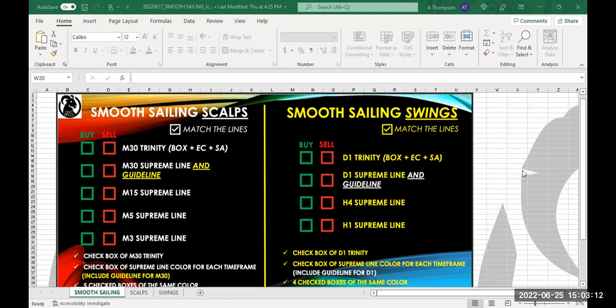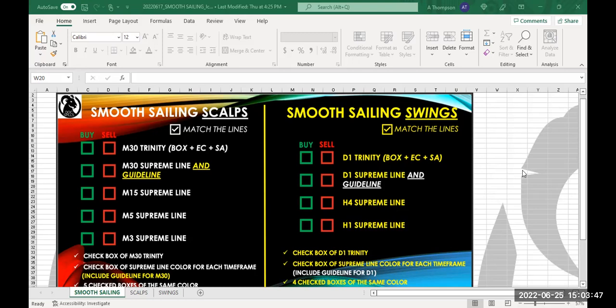Now, the smooth sailing strategy has two different versions. We're going to go over the smooth sailing scalping strategy, and you can use it also for the swing strategy as well. What I like about smooth sailing is that you can use this when the market is closed, so that you can determine what pairs you're going to be trading for the whole entire week.